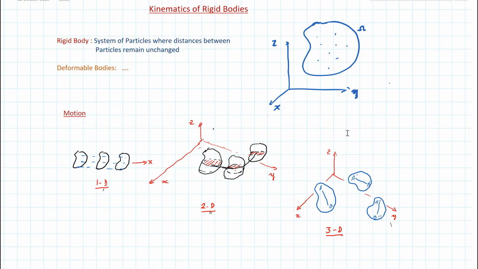In a rigid body, the distances between particles remain unchanged during the course of motion. On the other hand, in deformable bodies, the neighboring particles remain neighbors, but the distances between them may change.